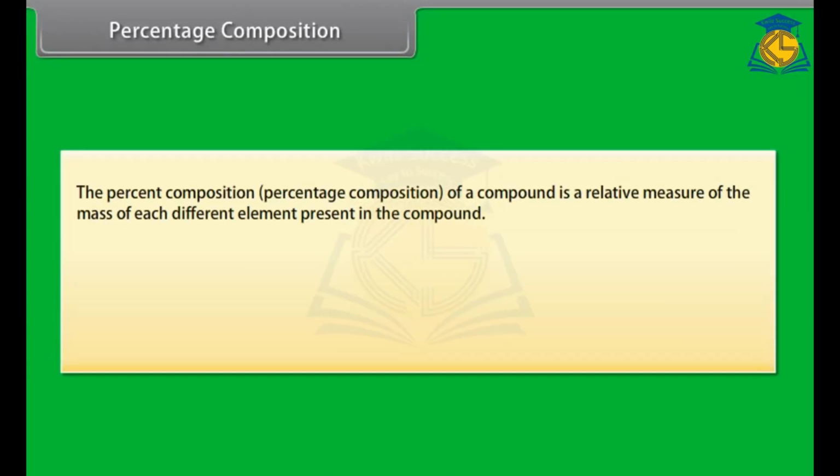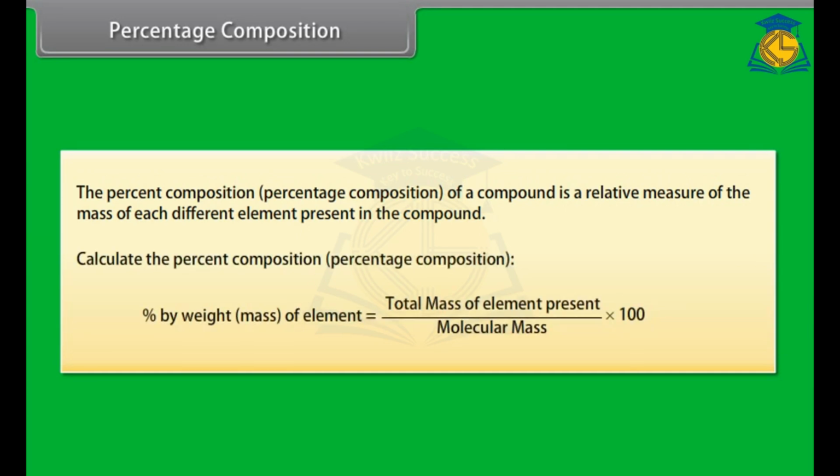The percent composition of a compound is a relative measure of the mass of each different element present in the compound. Calculate the percentage composition by weight: mass percent of element is equal to total mass of element present divided by molecular mass, multiplied by 100.